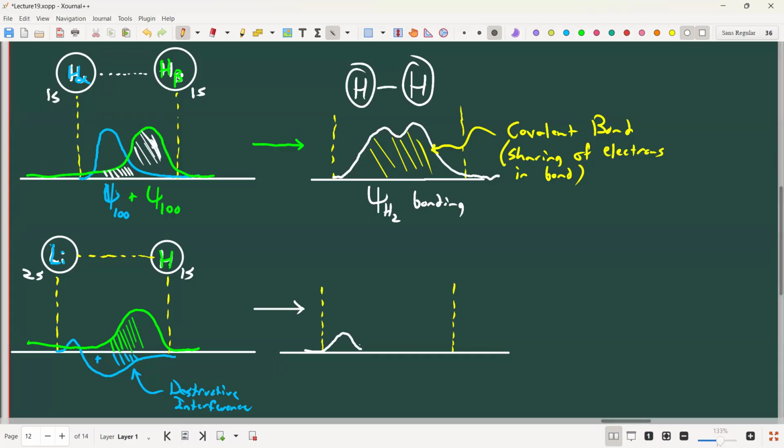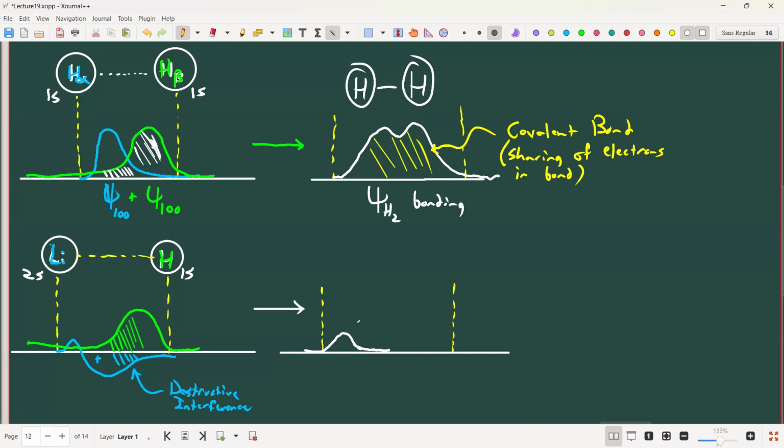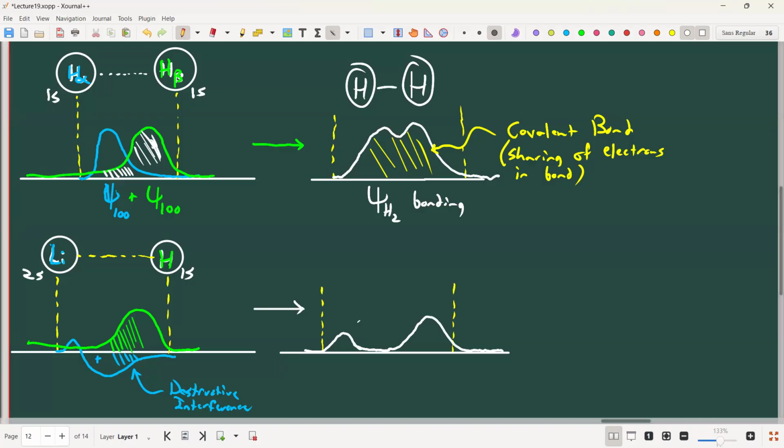And the place where this goes negative and this is positive, most of this cancels out when we add these two. Add a positive to a negative contribution, so this is very close to zero in the middle. And eventually the hydrogen dominates and you get something that looks like this instead.